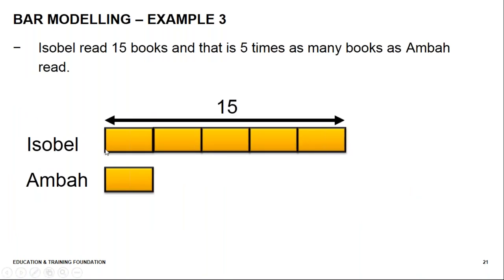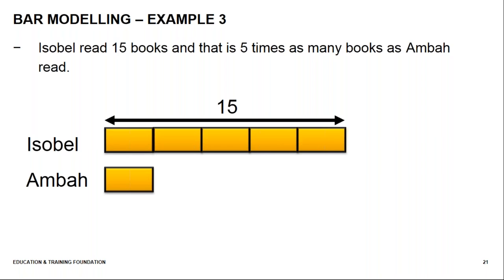What I would do, if a student couldn't see that each of these individual yellow blocks represents 3, I would draw this as a much larger diagram on a piece of paper and actually get 15 cubes or counters and get them to share them equally into the blocks.